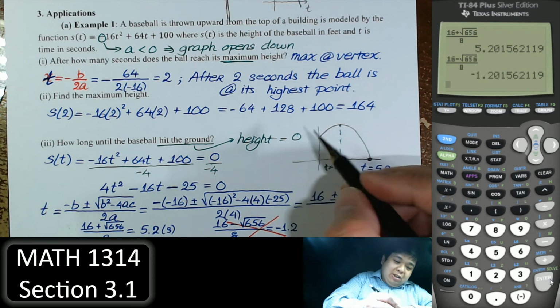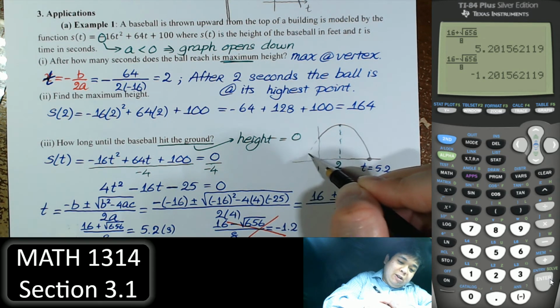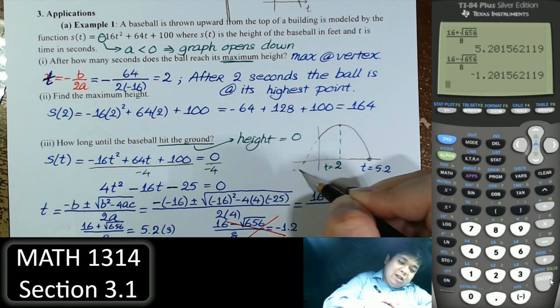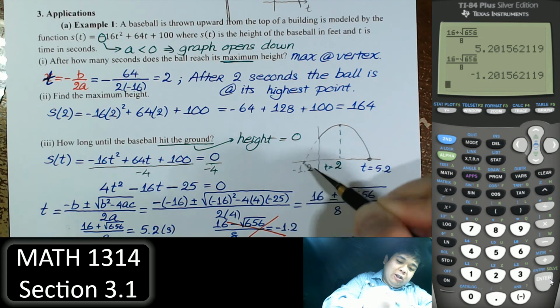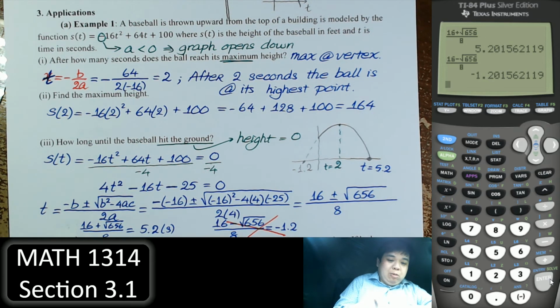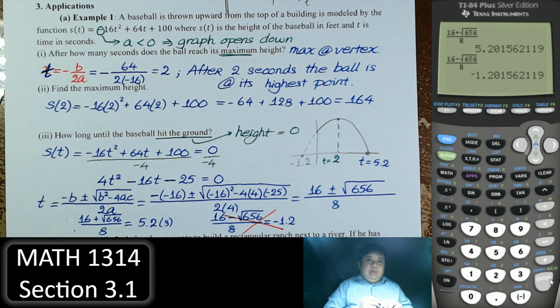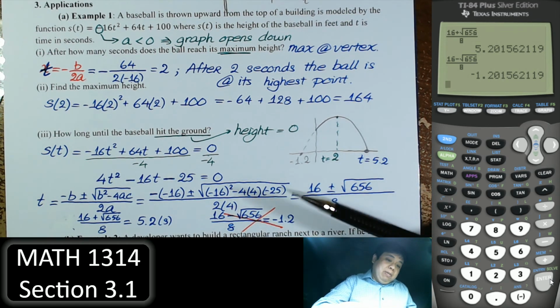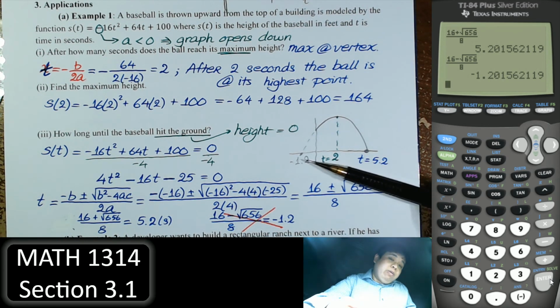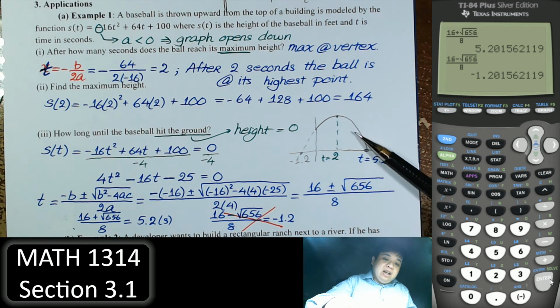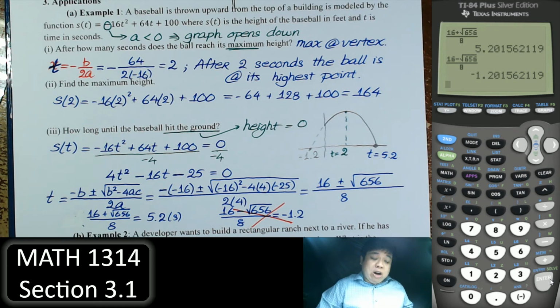That's what the graph is, because if we go back in time, the other x-intercept is at negative 1.2. But of course we're not going to do that. We throw from the top of the building. Equivalently, if we throw from the ground up, it would travel the same trajectory.